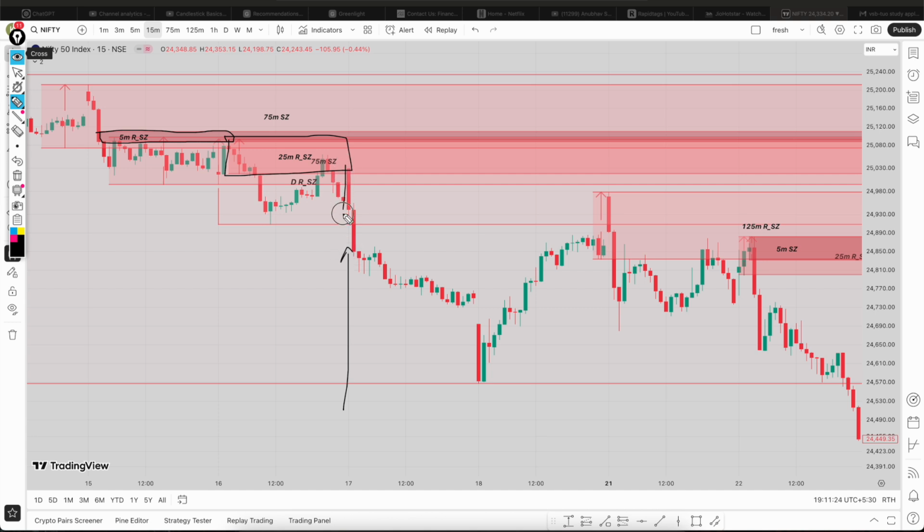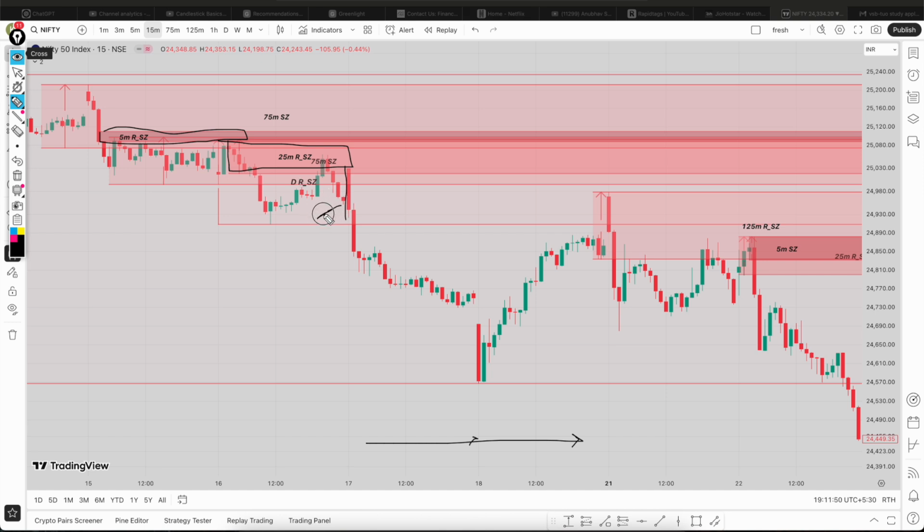Now you're planning your trade for the 17th, 18th, and the dates follow on. Till now we have information till here. We have already marked a few zones. One zone is this, one zone is this, and then you see what really happened.